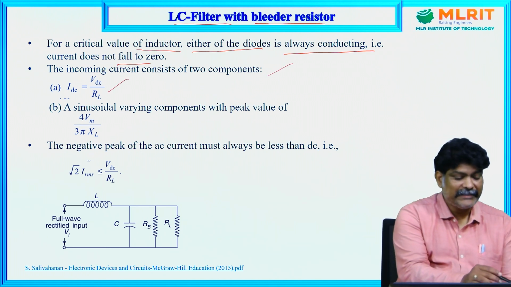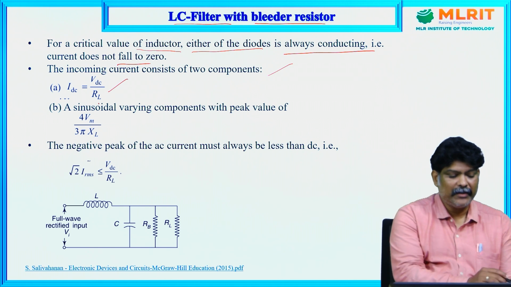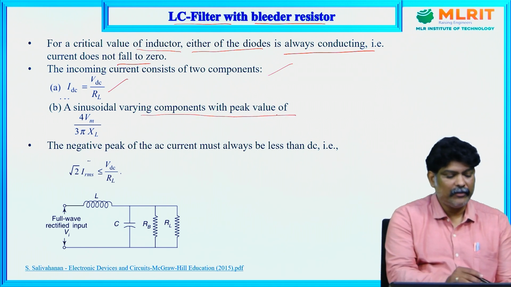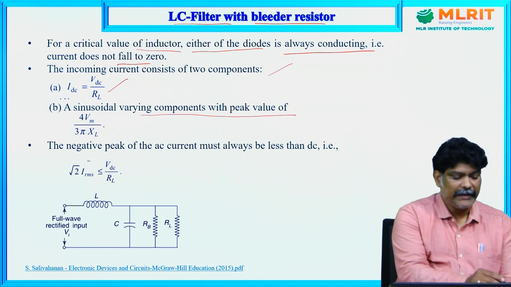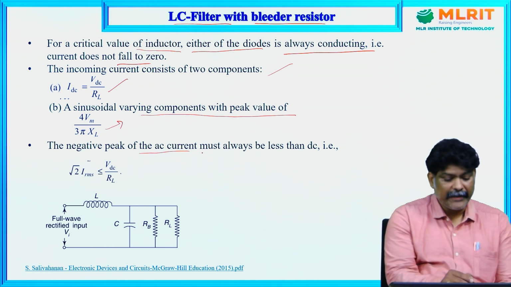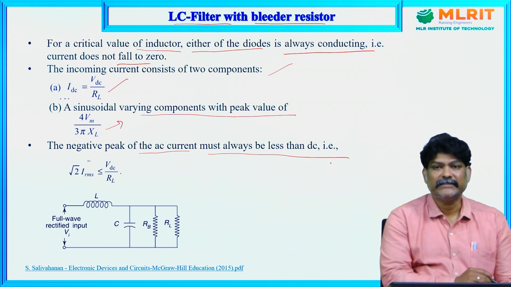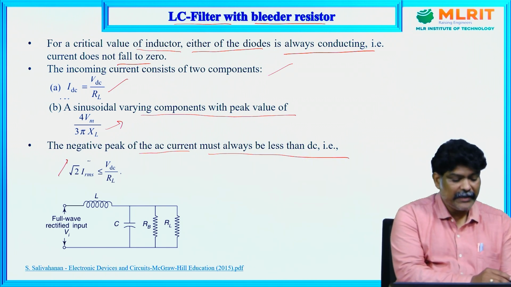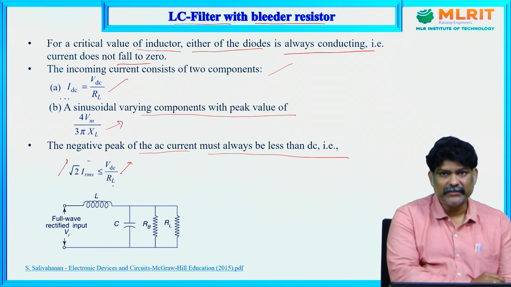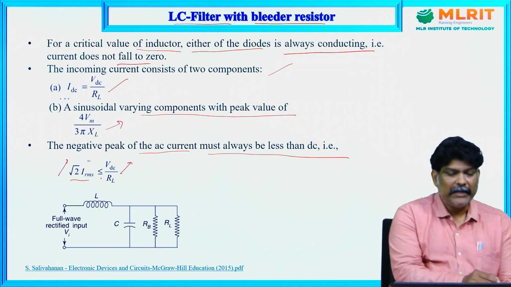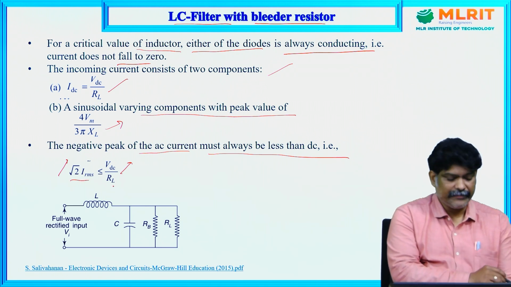One is the DC value IDC equal to VDC by RL, and the second one is a sinusoidal varying component with peak value of 4 Vm by 3 pi XL, just as we have discussed. So the negative peak of the AC current must always be less than the DC component. That is root 2 IRMS, the AC component, must be less than or equal to VDC by RL, that is IDC, the DC component.